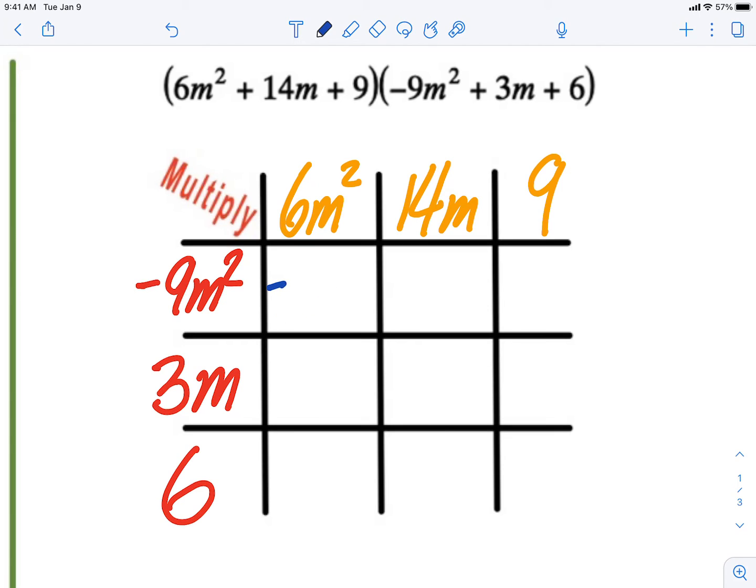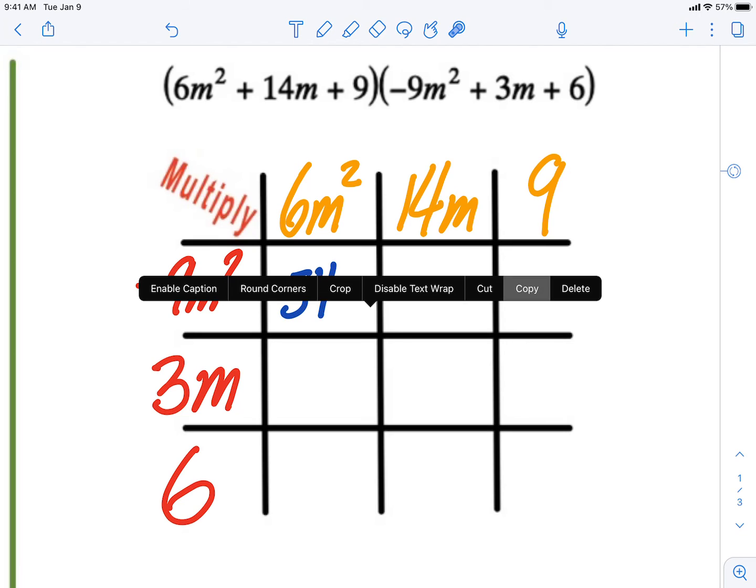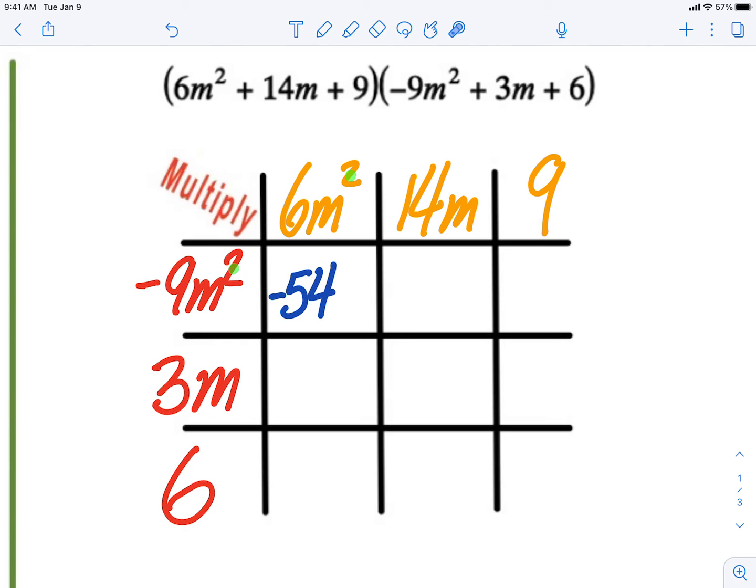I could do better than that. Negative 54, right? M to the power of 2 times m to the power of 2. 2 plus 2 is 4, so I get m to the 4th.